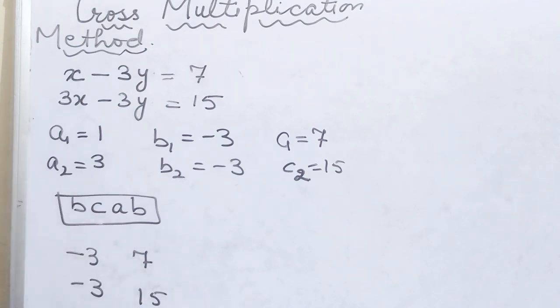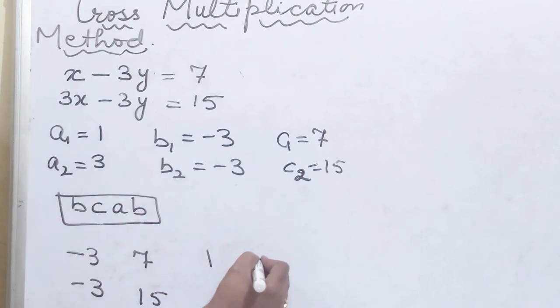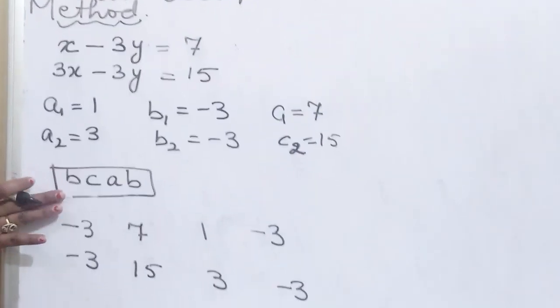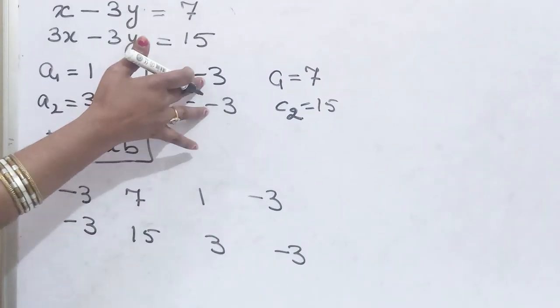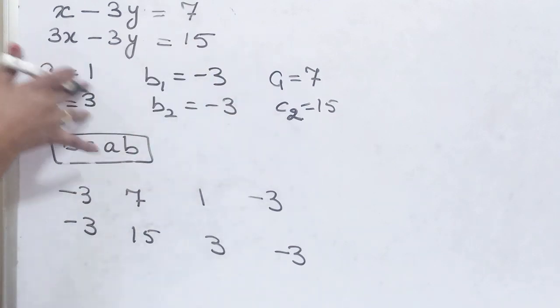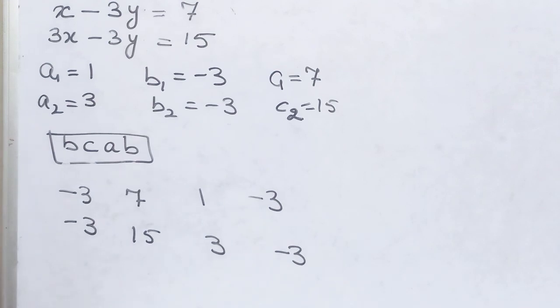Then A: 1, 3. Then again B: minus 3, minus 3. These are the coefficients of y, these are the constant terms, these are the coefficients of x, and again these are the coefficients of y.